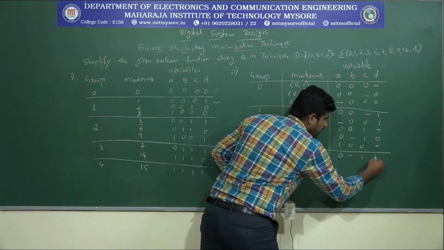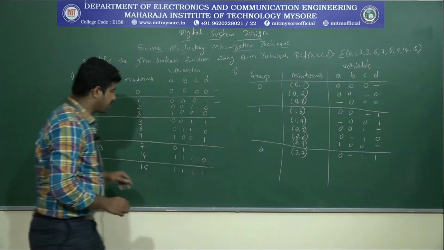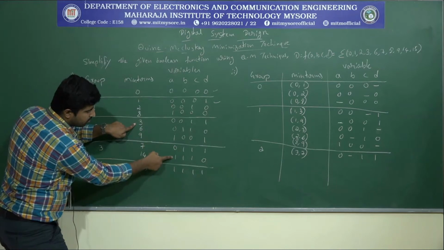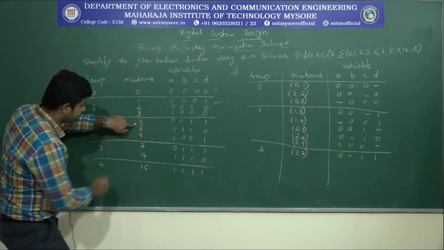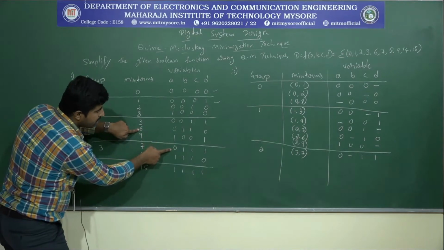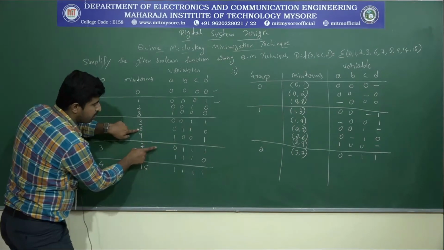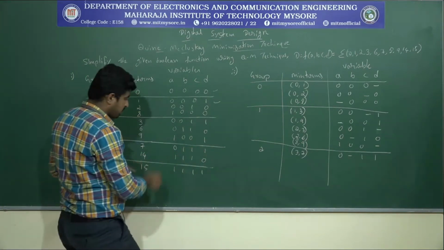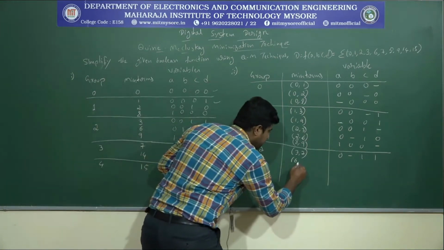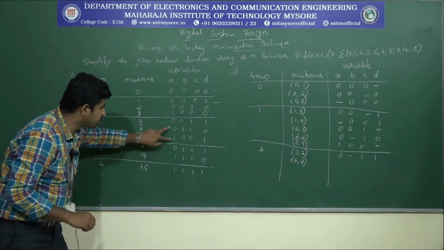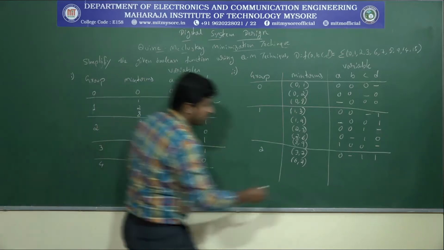Next, 3 with 14, not able to group actually. Next, 6 with 7, yes, we can group. 6 and 7 can be grouped, only one variable has been changed over. So 6 comma 7 is 0 1 1 dash.